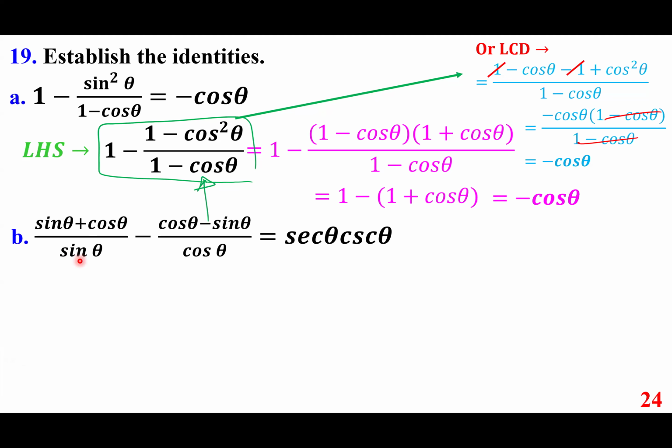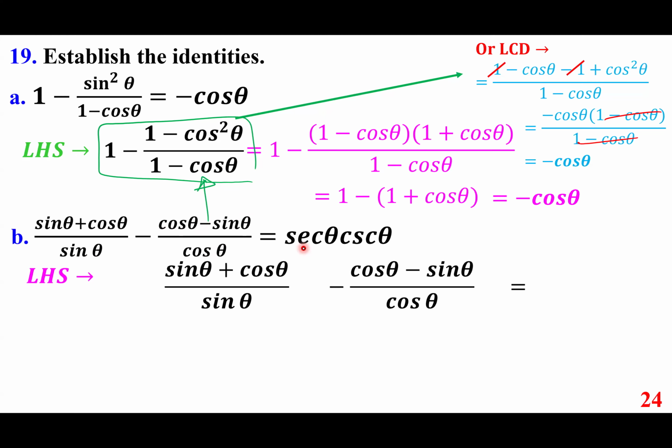Sine theta plus cosine theta over sine theta minus cosine theta minus sine theta over cosine theta is secant theta cosecant theta. We start from one side, for example, the left-hand side, and we are going to take the LCD.